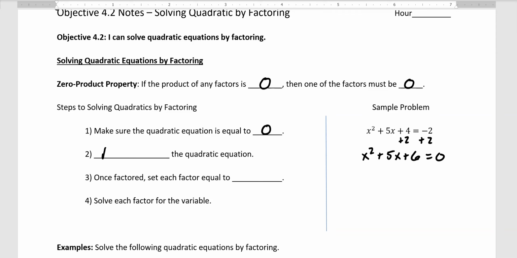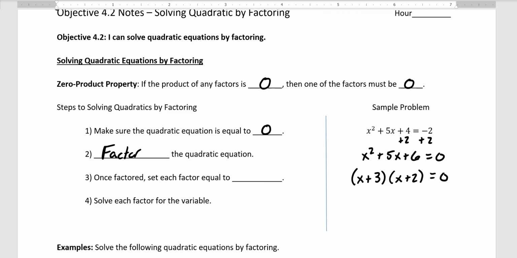Then I'm going to factor the quadratic equation. So I'll say, okay, x plus 3 times x plus 2 equals 0, right? 3 times 2 is 6. 3 plus 2 is 5. Checks out.